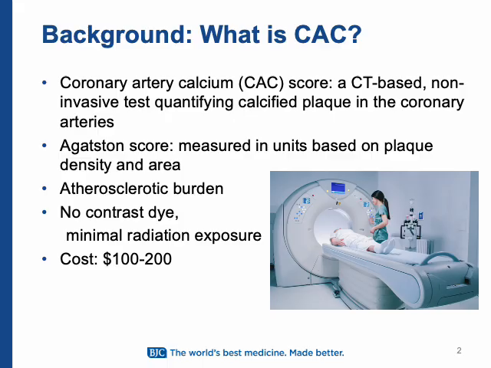It's roughly comparable to that of a mammogram. So it's considered very, very safe. Most hospitals and imaging centers offer it for around $100 to $200, and this is something that patients can choose to pay out of pocket for, because it's rarely covered by insurance plans.